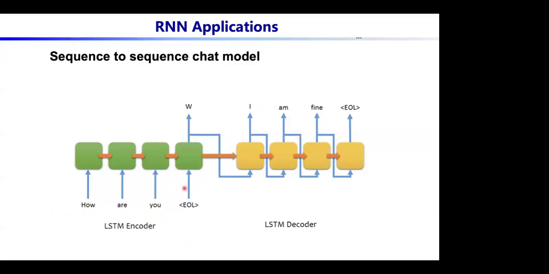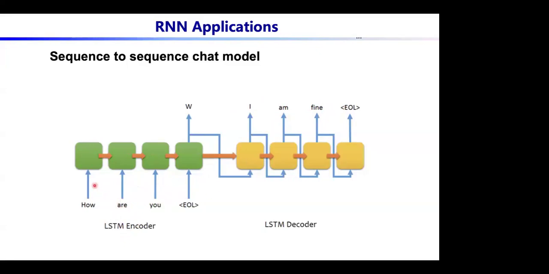This is a sequence to sequence chat mode, because in chatting the logical relationship goes not only through the input sentence, but also continues to the output sentence. So essentially, the logic goes very, very long from the input sentence to the output sentence. So you must typically use an LSTM.